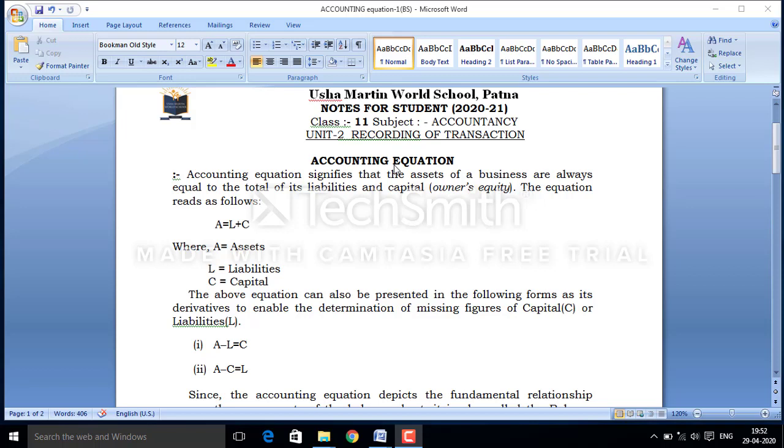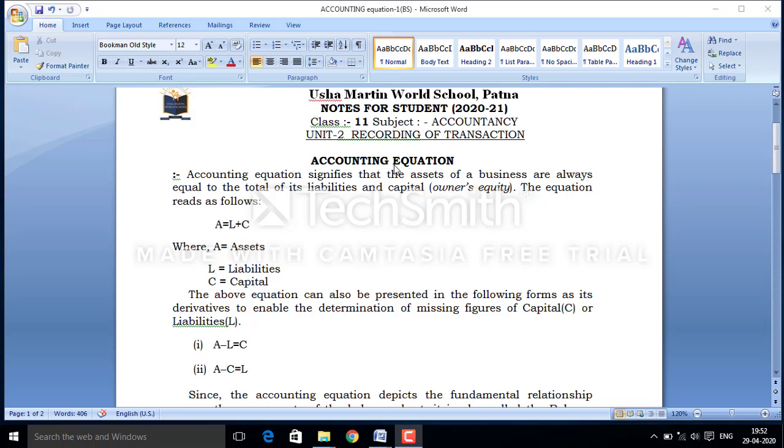So first of all, in accounting equation, I can say that this is the equation which signifies that the assets of the business are always equal to the total liabilities and capital of the business enterprise. It means how much funds have been introduced or raised by the business enterprise as liability or capital.